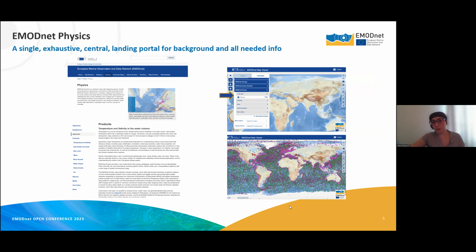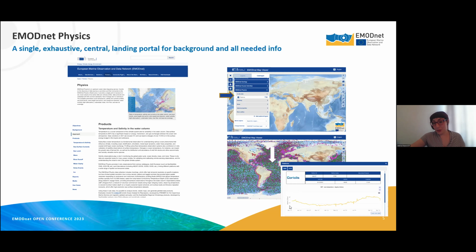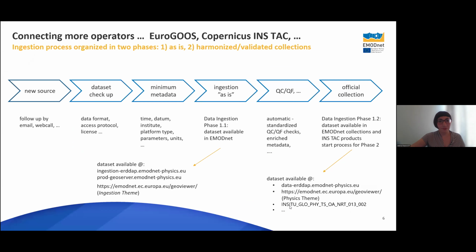And then a map viewer with layers that can be turned on and off in order to see the aggregated data based on the specific needs of the person that is looking for data. Yeah, so as you can see, this goes from the overview of the map to the detail of the single data set.